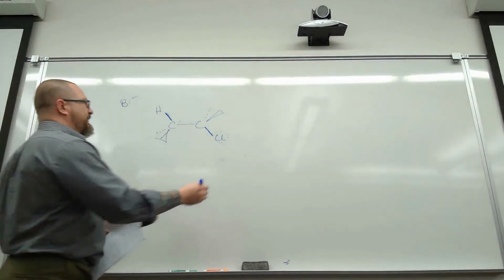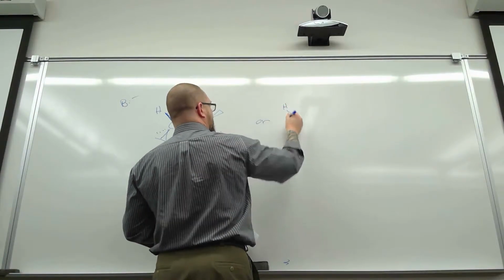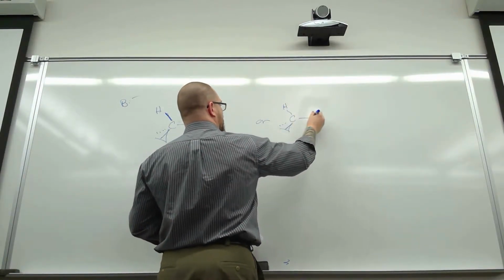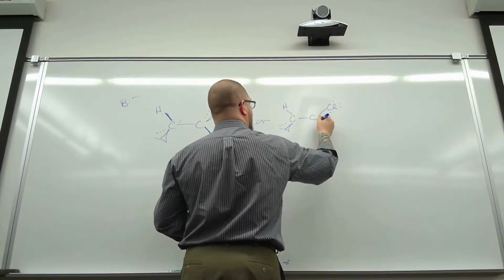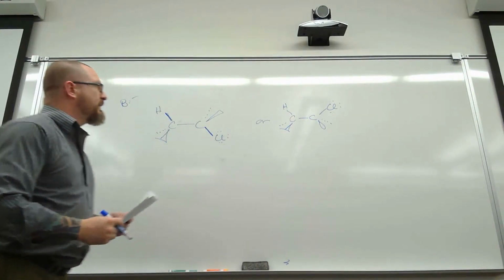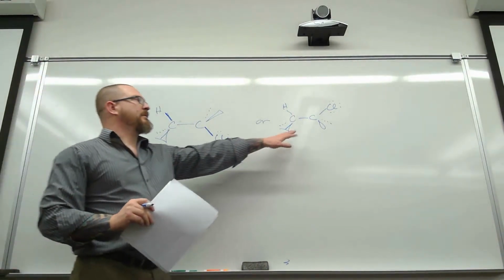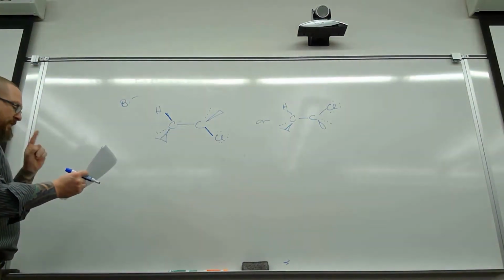So this is one variation of it. The other variation in which we have an alignment of orbitals looks like this. But this is not favored for a variety of reasons, which we'll get to in a second.